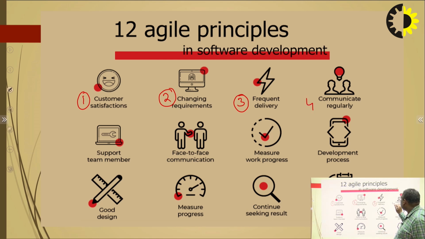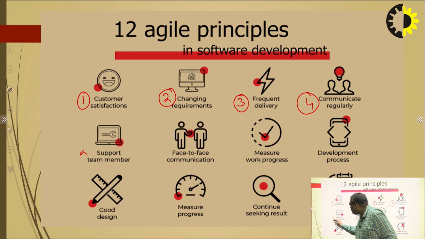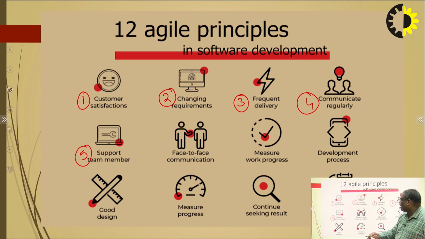Communicate regularly: more meetings, more demos, more communication between the client and the management team. Support team members, the fifth. Face-to-face communication is very important because if any requirement comes into consideration, we can solve it face-to-face.